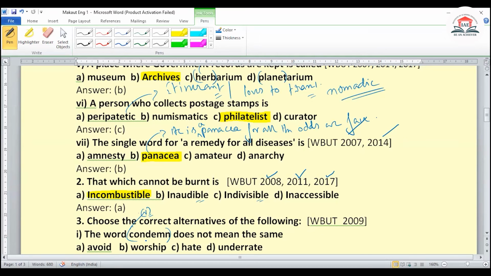The government has taken a condemnable decision. Condemn, that means what? Avoid.